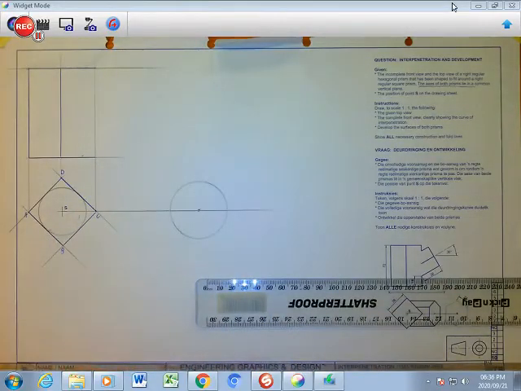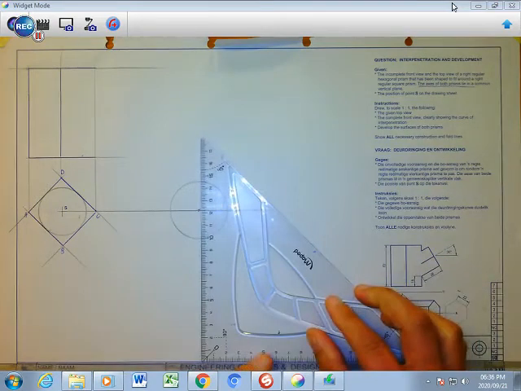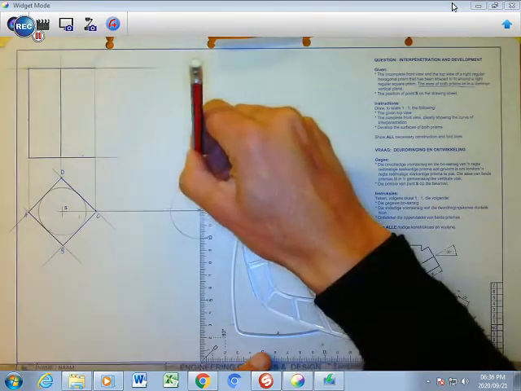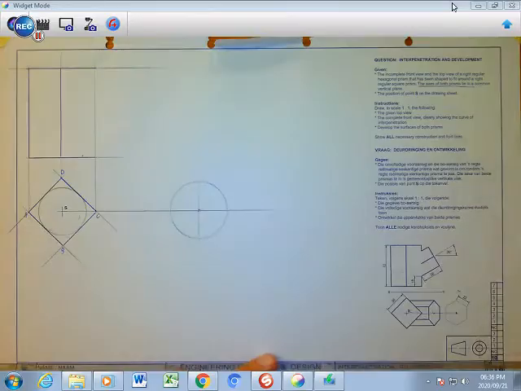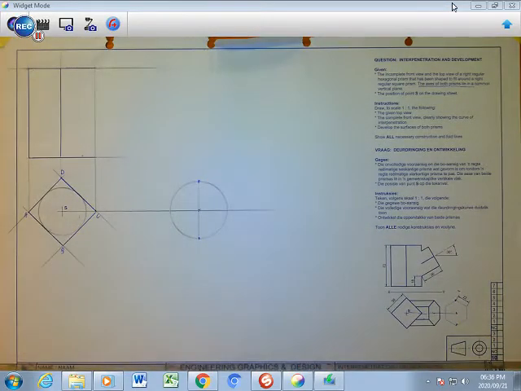Right, now if you look at my circle, I am going to divide it vertically, so that I have that point on top and this point at the bottom, which is there and there. And then I find that my angle here is going to be 30.